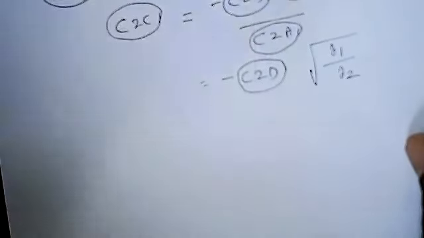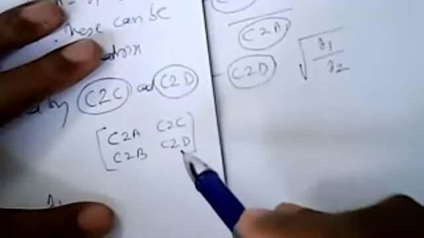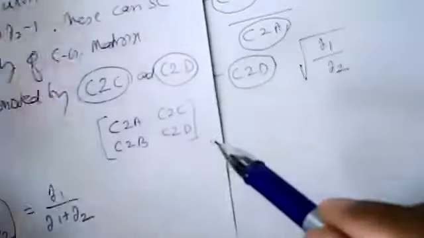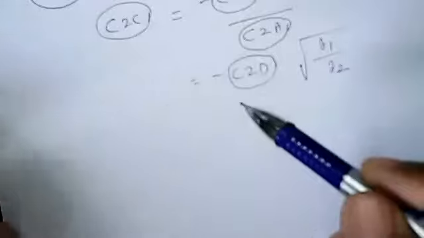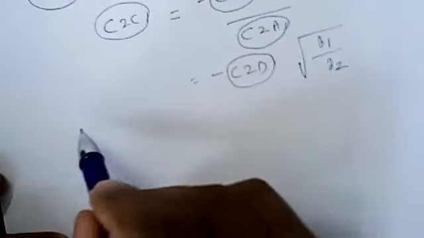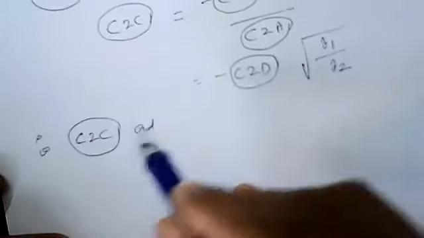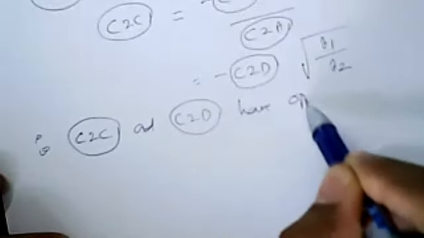Okay. So in the matrix, C and D are opposite in sign. You take C2D as negative, so that the negative sign will be on the diagonal. Therefore C2C and C2D have opposite sign.